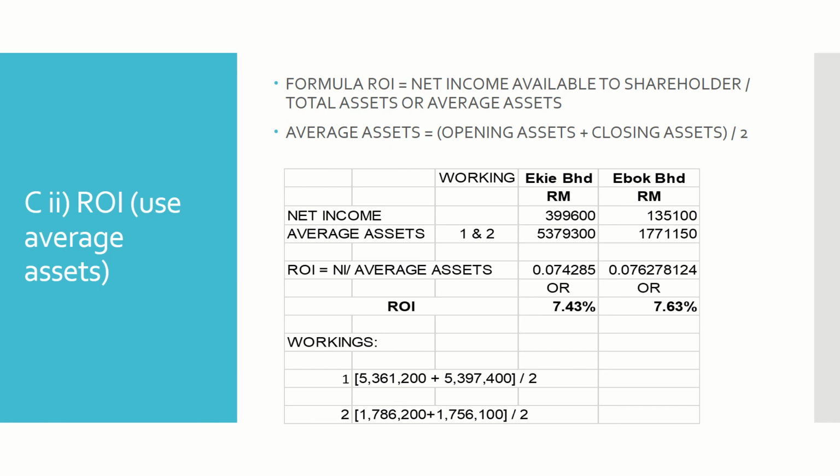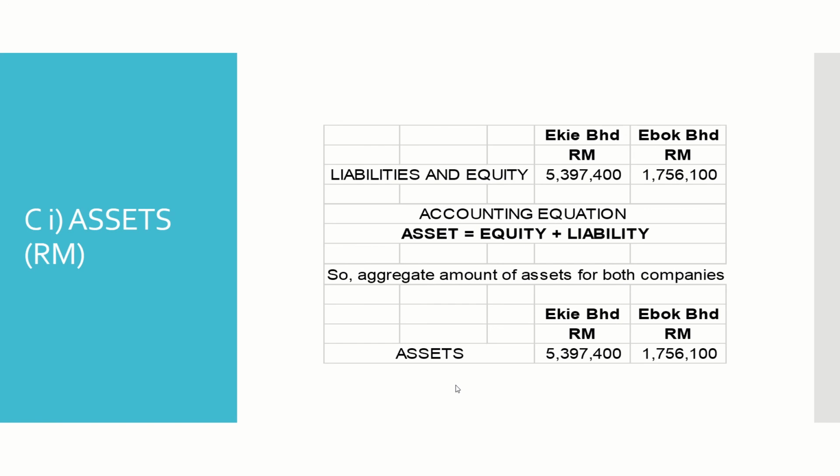In order to get the average asset, the formula is opening asset plus ending asset divide with 2. Opening asset is given, ending asset is also given, and you already found the answer in question 1.